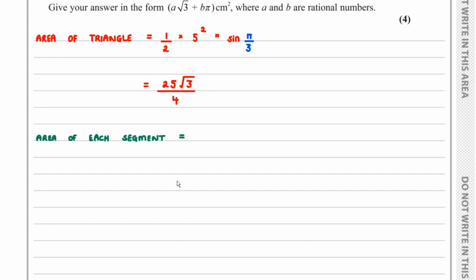So the area of each segment is given by a half times 5 squared times pi over 3, and then we subtract from this 25 root 3 over 4, which is the area of the triangle. So a half times 25 times pi over 3, that's 25 pi over 6, and then we subtract from this 25 root 3 over 4.